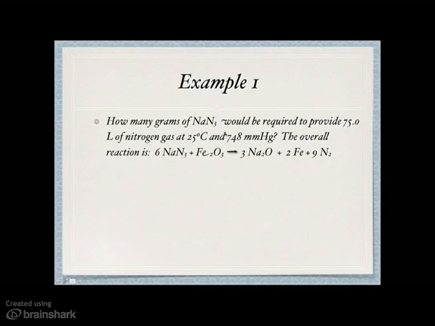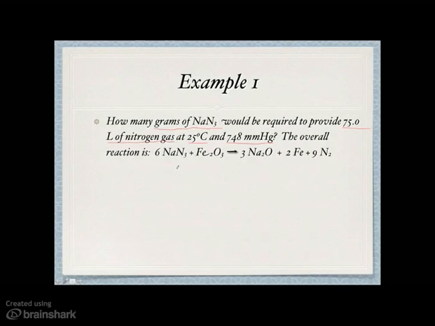Now, as you might notice, as we were reading through this, you're looking for the grams of NaN3. But the problem is you have 75 liters of nitrogen gas, the 25 degrees Celsius deals with the nitrogen gas, and the 748 millimeters of mercury deals with the nitrogen gas. So you have two different substances here that you have to take into consideration before you can do this problem.